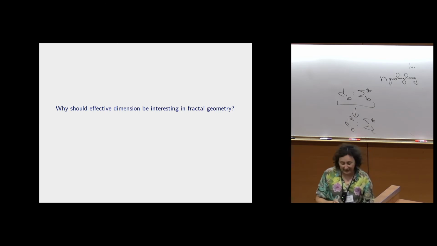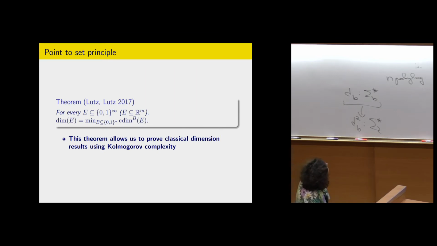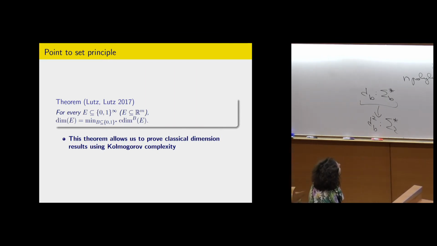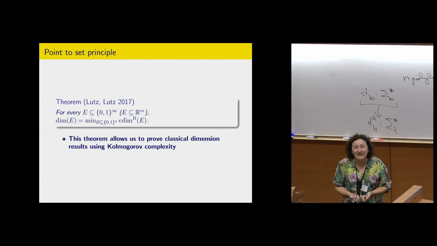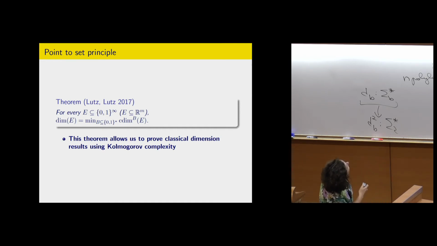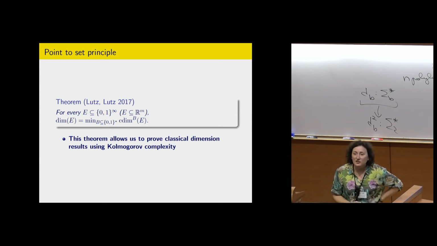And there is a very recent result that I really like, that I'm not sure I can present appropriately, because this is a changing issue. It's called the point to set principle. And it tells you that you only need effective dimension. You don't need classical dimension anymore.